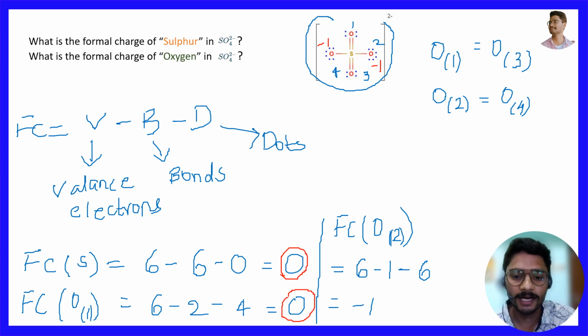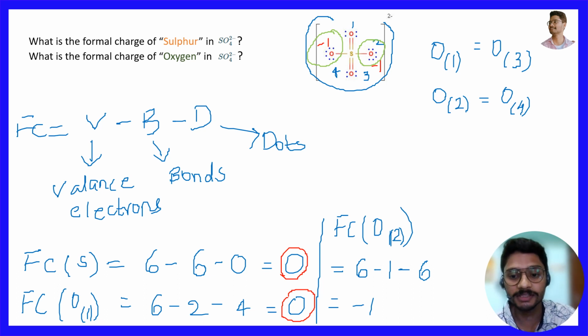The only atoms contributing to the formal charge are oxygen 2 and oxygen 4, contributing to the formal charge of this SO4 2 minus ion. So this is contributing minus 1 and this is contributing minus 1.